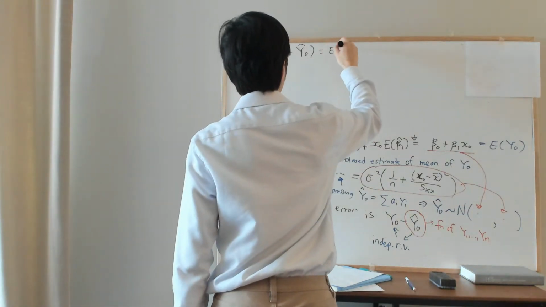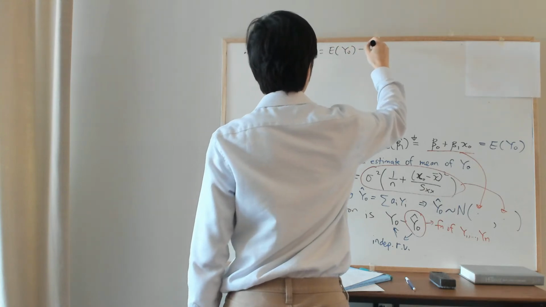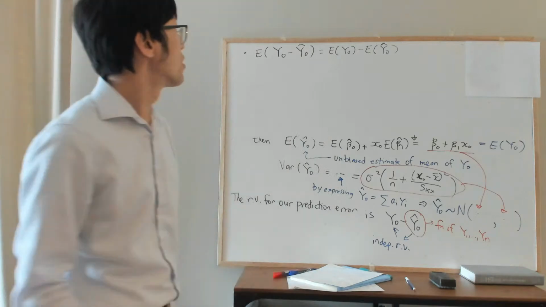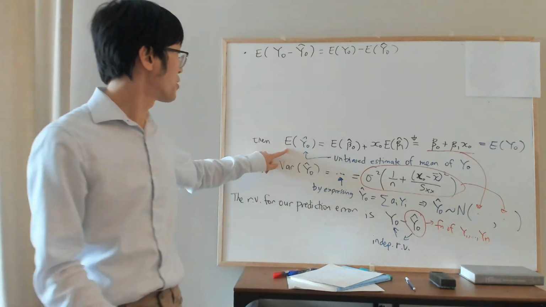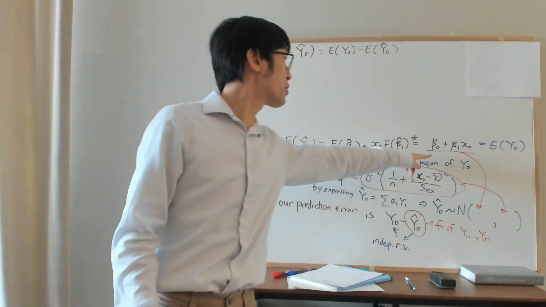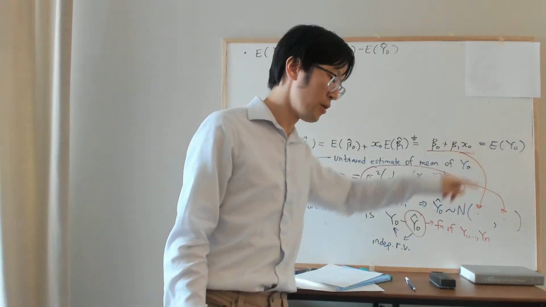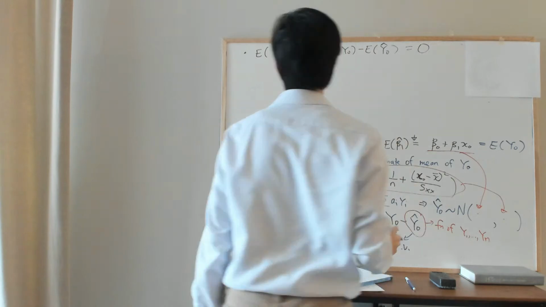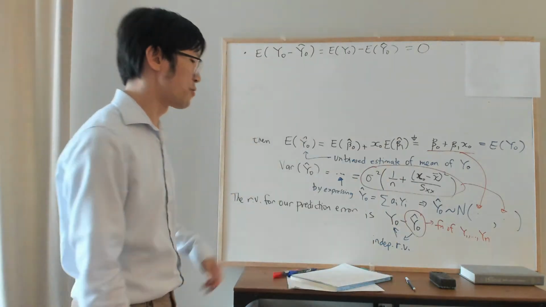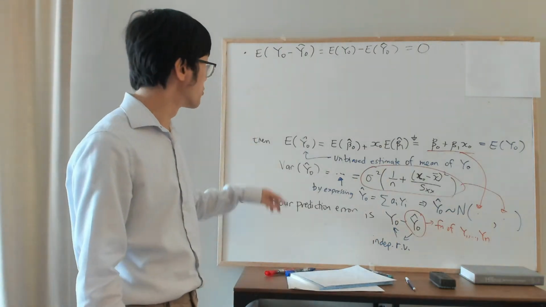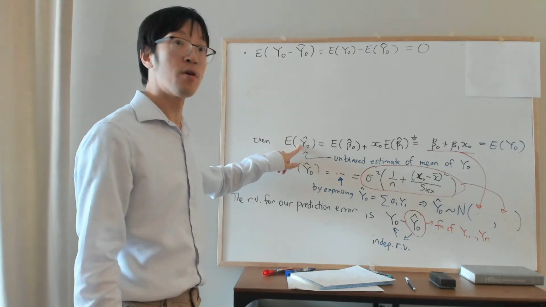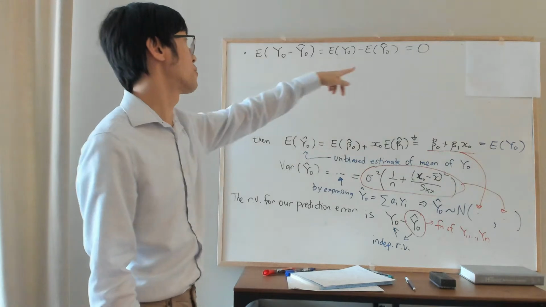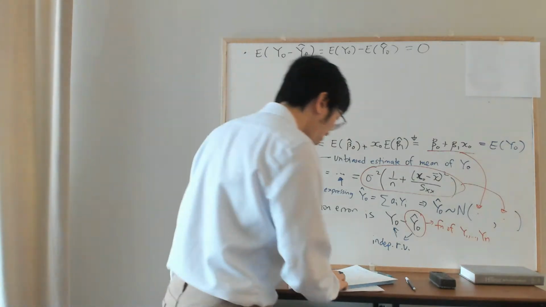We take E y0 and the expectation of the predictor, and we already found that both of those equal beta 0 plus beta 1 x0. So this is 0. So the average prediction error when we use the value of our fitted regression line is 0 if the model is correct.